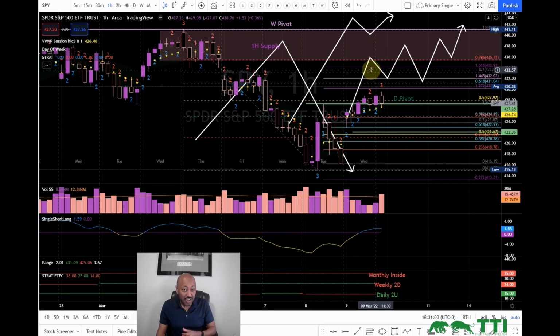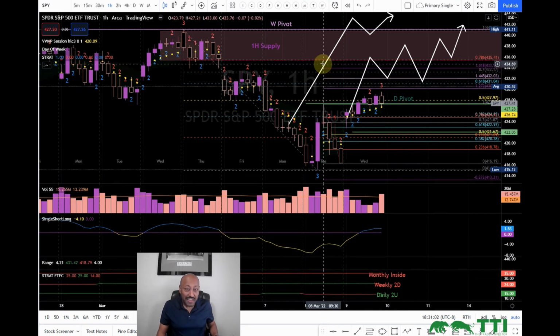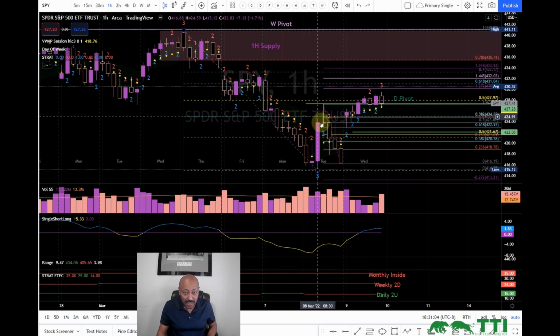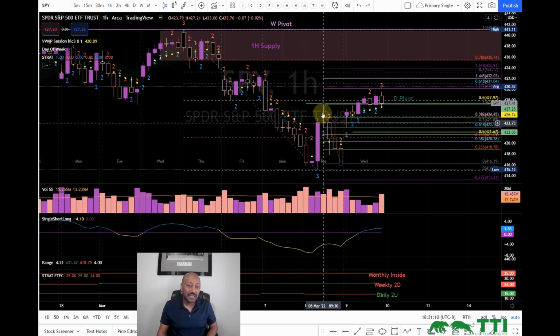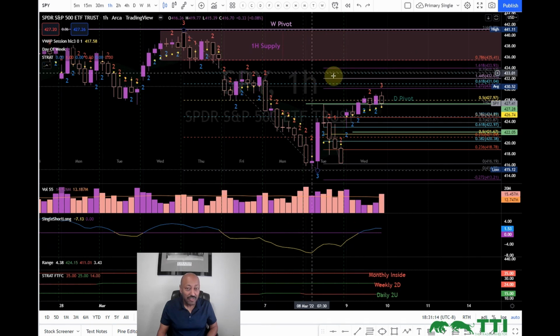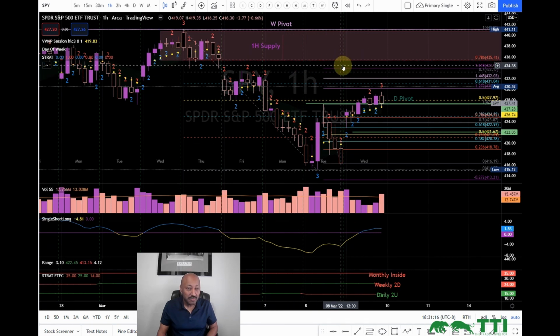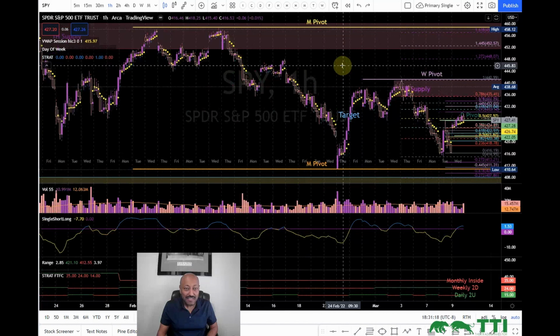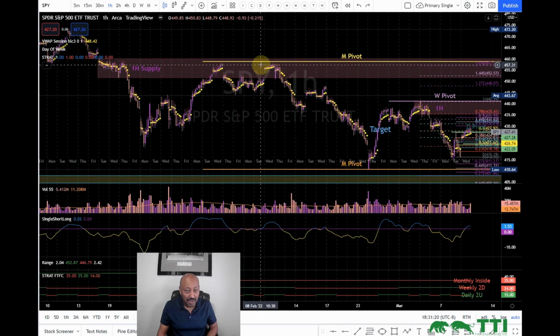If you get a rejection, a nice rejection, meaning you get an abandoned baby or whatever you want to call it, you get a rejection at these levels, rejection at the supply zone, rejection at the 78.6%. When you get a nice rejection, that you come here, you get rejected here, you get rejected here.